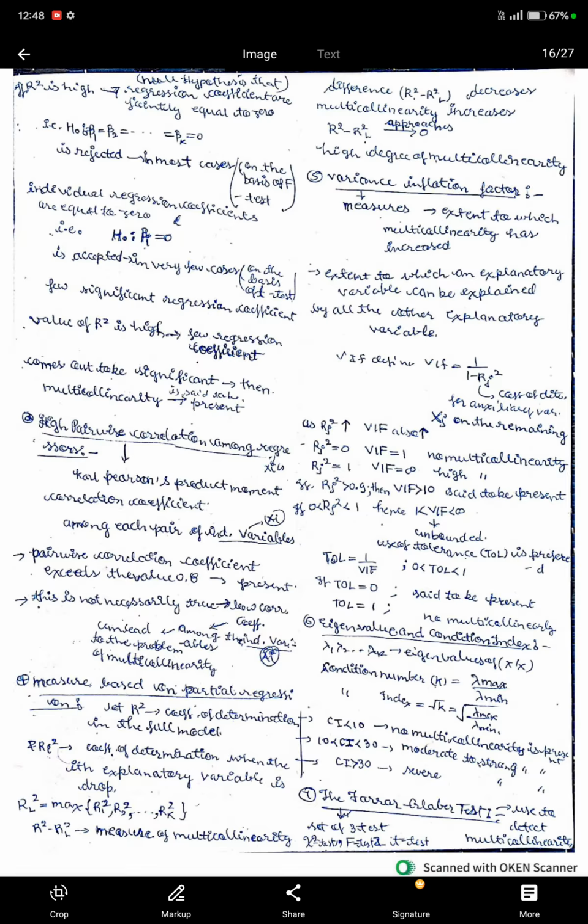The null hypothesis that an individual regression coefficient equals 0, that is H naught: beta i equals 0, is rejected in very few cases on the basis of the t-test. Although the value of R square is high, few regression coefficients come out to be significant.